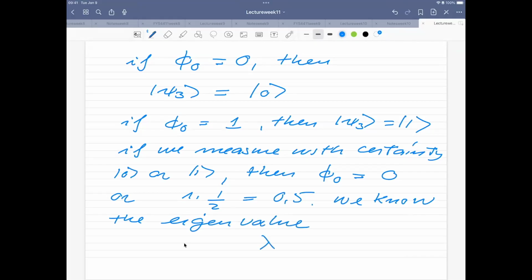Since this eigenvalue is now connected with the e to the 2 pi i times phi. Now, the problem which we have here with only one qubit is that our precision gives us only two values, either 0 or 0.5.